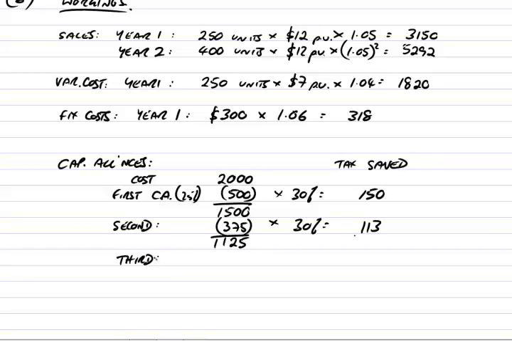So the third allowance, 1125, 25%, which is 281. The saving at 30% is 84, and the reducing balance goes to, I think, 844.